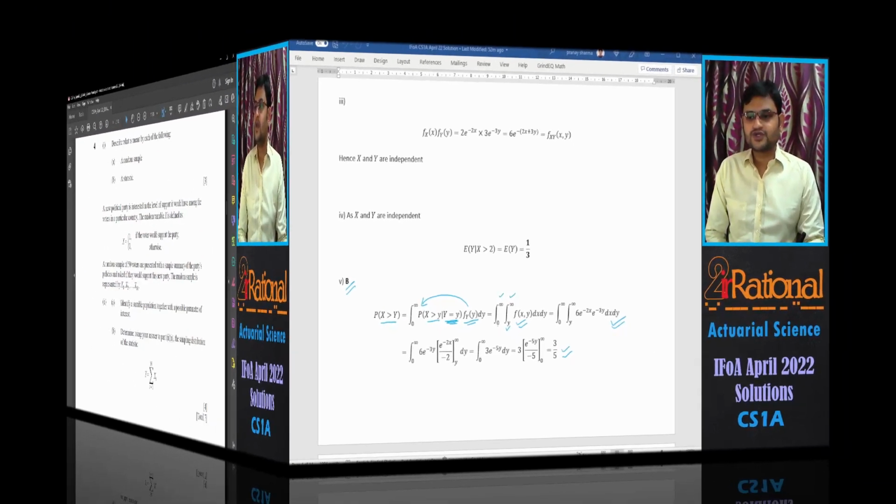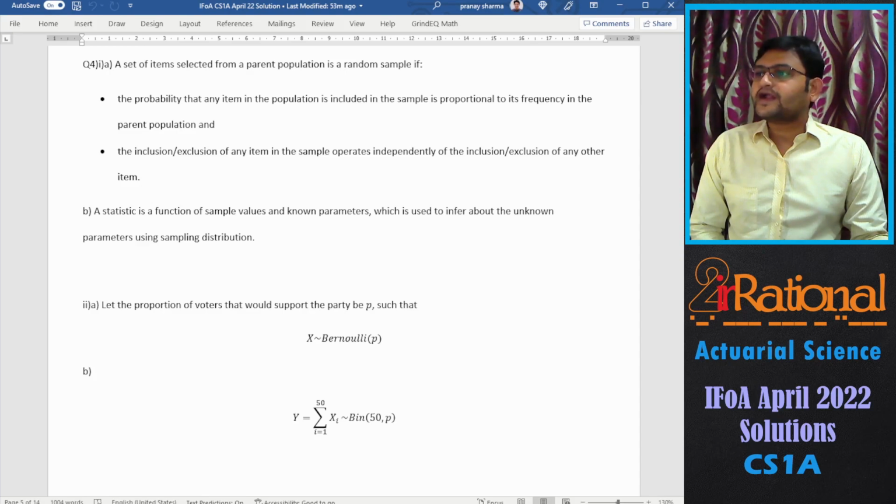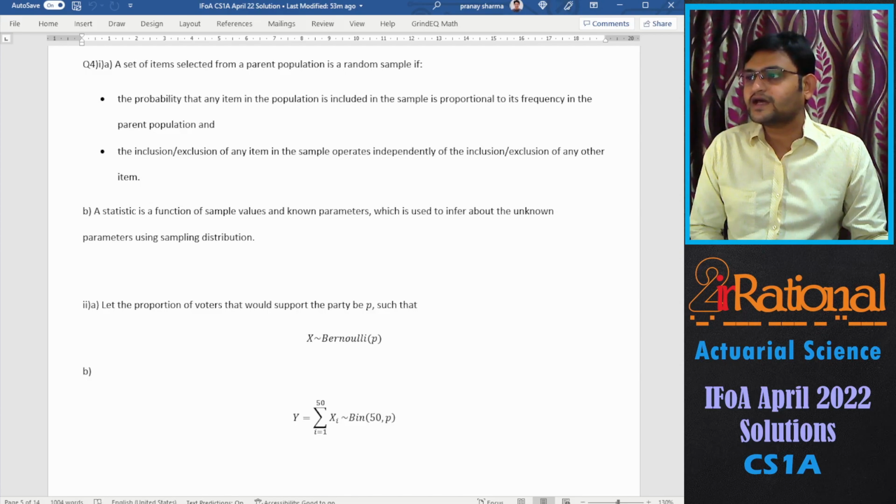Let's go to the next question. Describe what is meant by each of the following: a random sample and a statistic. So a set of items selected from a parent population is a random sample if the probability that any item in the population is included in the sample is proportional to its frequency in the parent population, and the inclusion or exclusion of any item in the sample operates independently of the inclusion or exclusion of any other item.